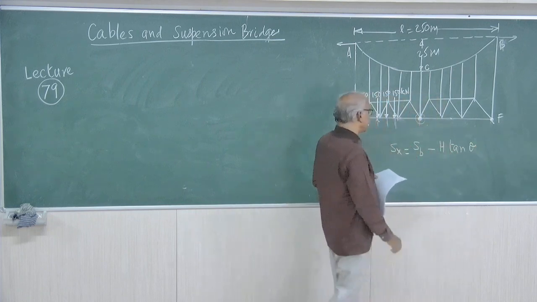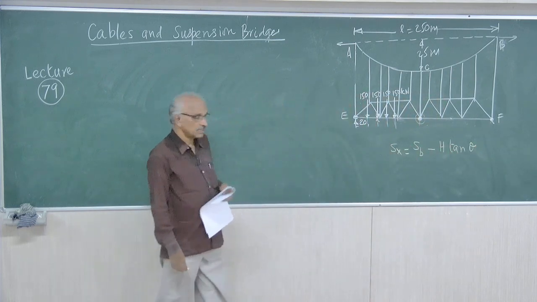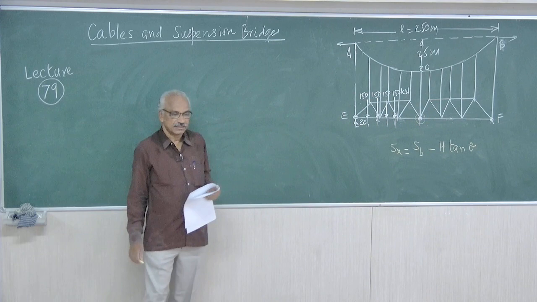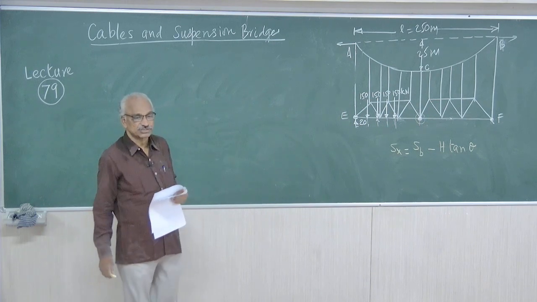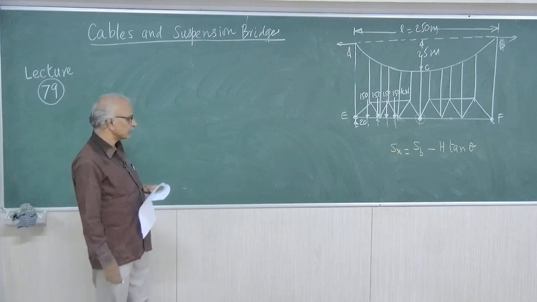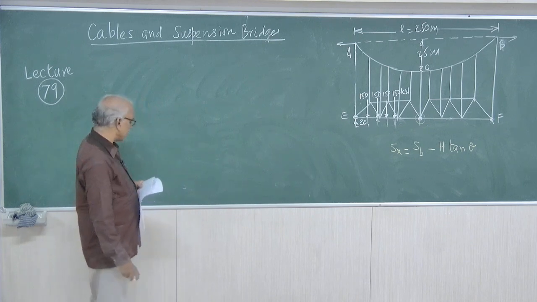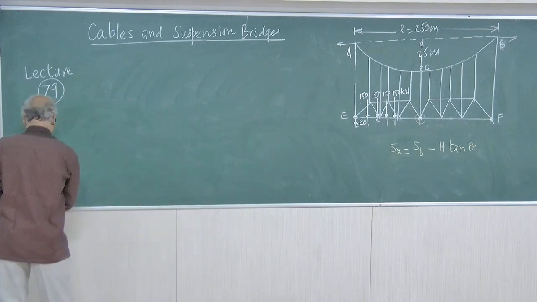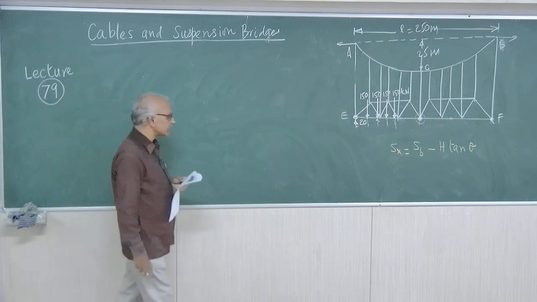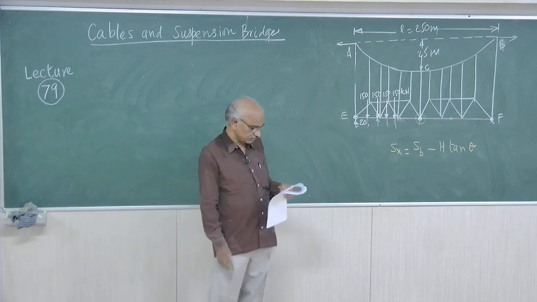This we have already discussed when we solved problems analytically as well as when we solved the problems using influence line diagram. So, this equation is familiar: Sx equals SB, the beam shear, minus h tan theta.